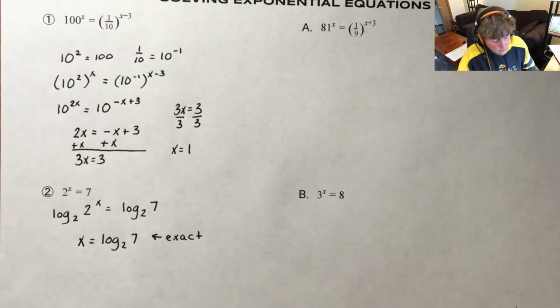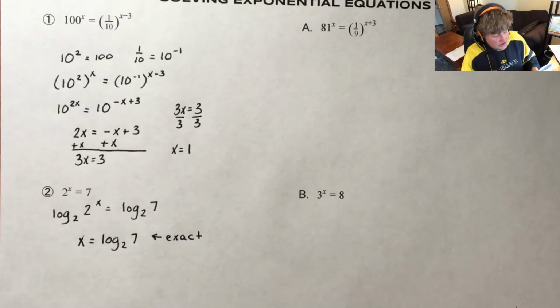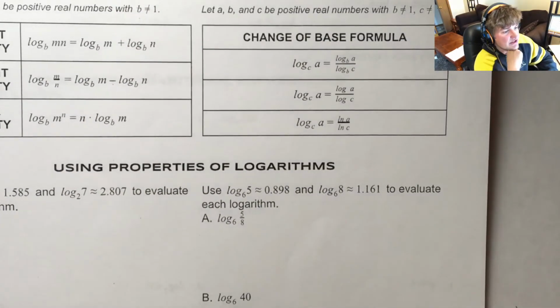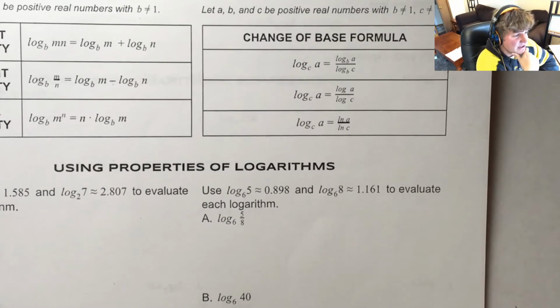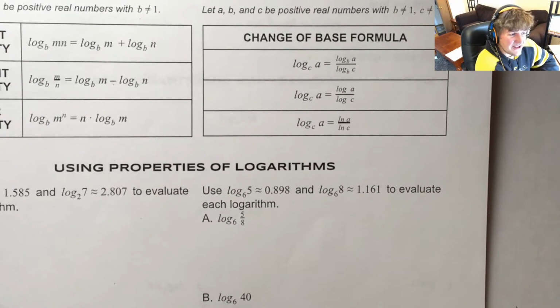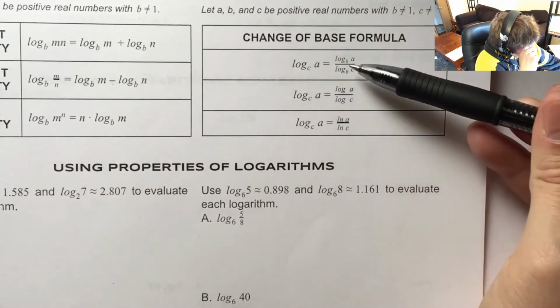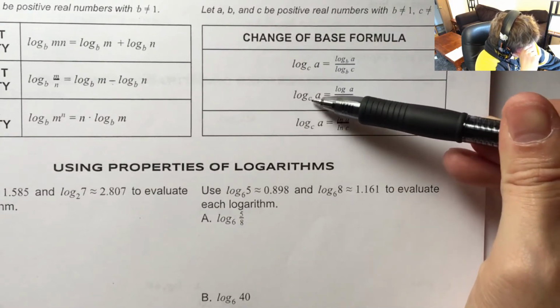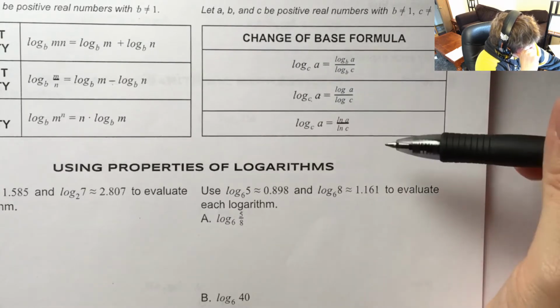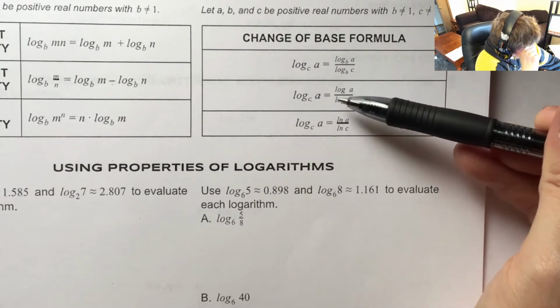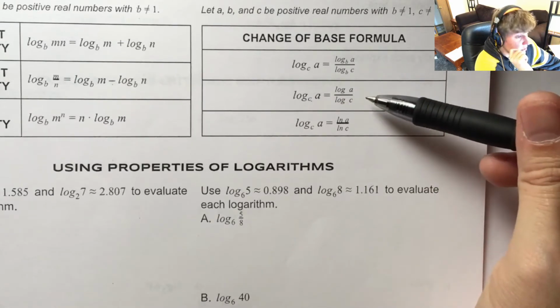But you're going to have to remember our change of base formulas. We did some change of base formulas in 8.4. And really, like I said, what it's going to be most helpful for is to be able to get our answers out of the calculator. So I can take any logarithm with a different base and a number, and log base 10 is the one that we're going to most typically use.